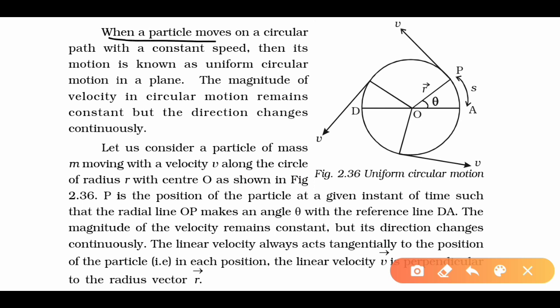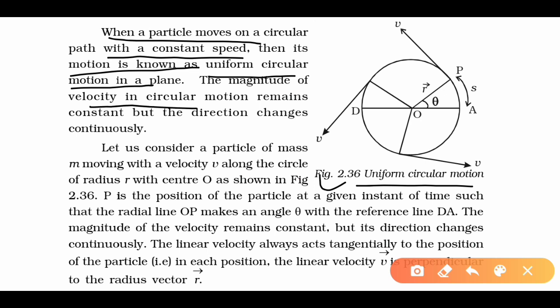When a particle moves on a circular path with a constant speed, then its motion is known as uniform circular motion in a plane. As you can see in the figure 2.36, the particle is moving in a circular path. The magnitude of velocity in circular motion remains constant, but the direction changes continuously.